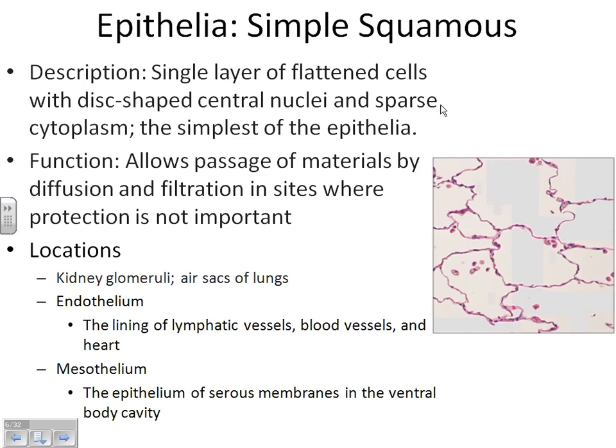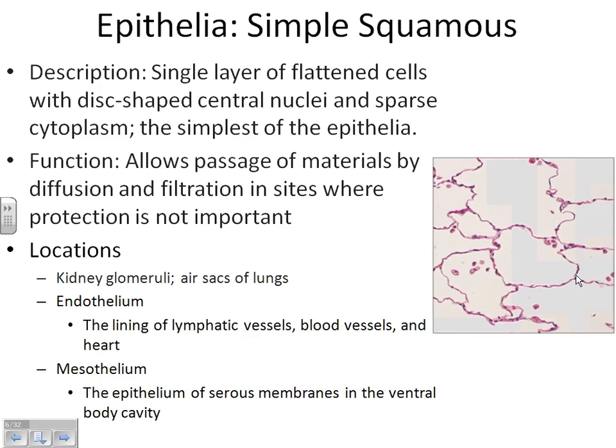Now, what do you think the function of a very, very thin piece of tissue would be? I'm going to give you some choices. Would you want to put a thin tissue somewhere that is going to be constantly rubbed on? Is it going to be used for protection? No, it wouldn't protect you very long, right?